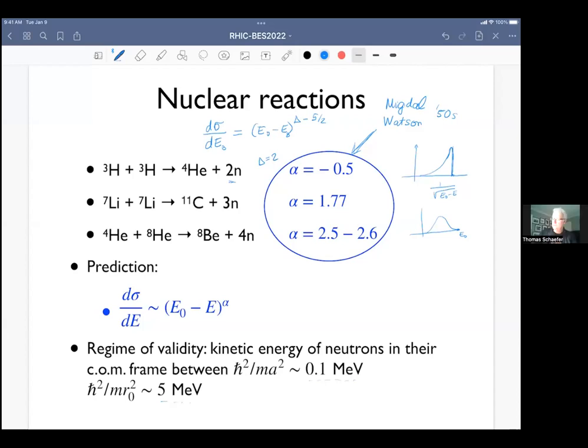Or with what he did? The agreement cannot be accidental, because we are looking at the same quantity with two different methods.